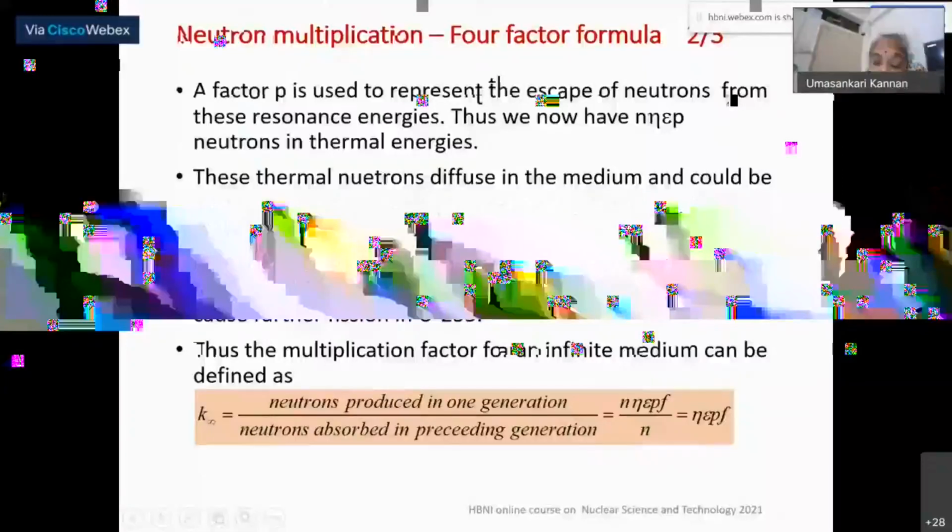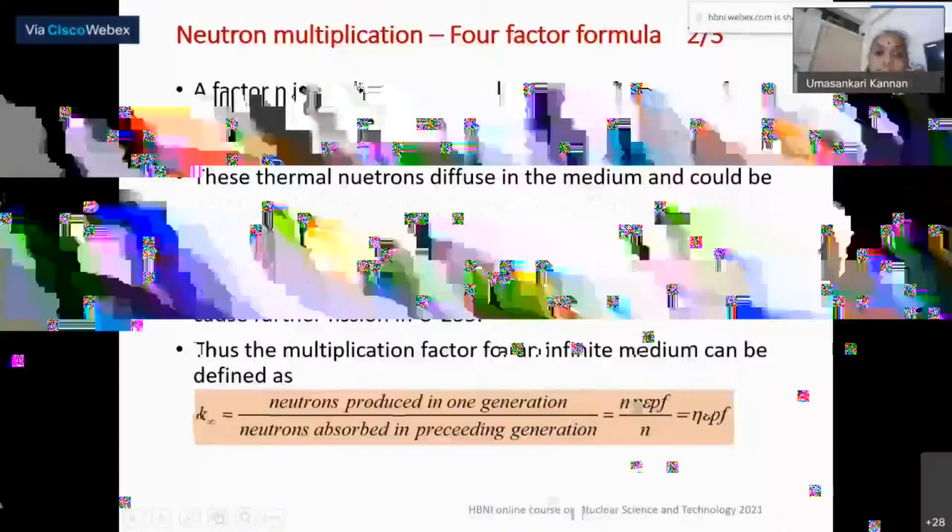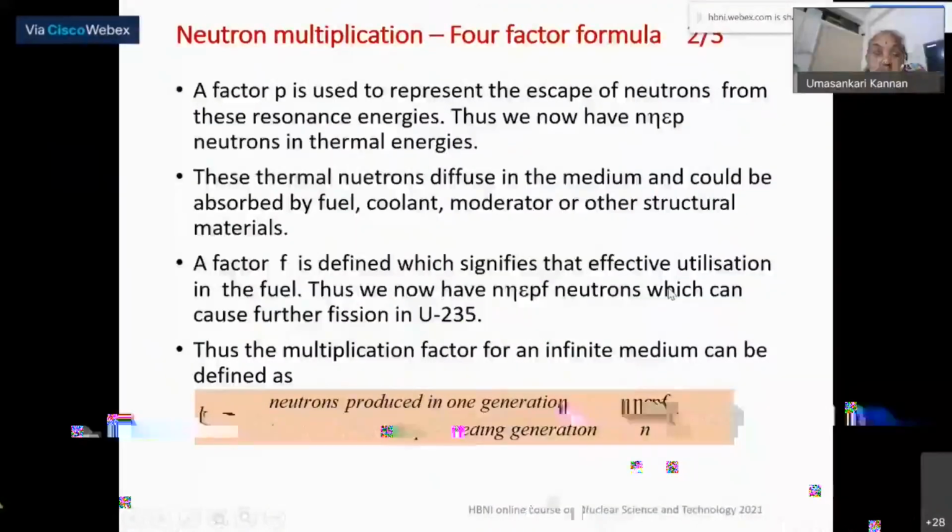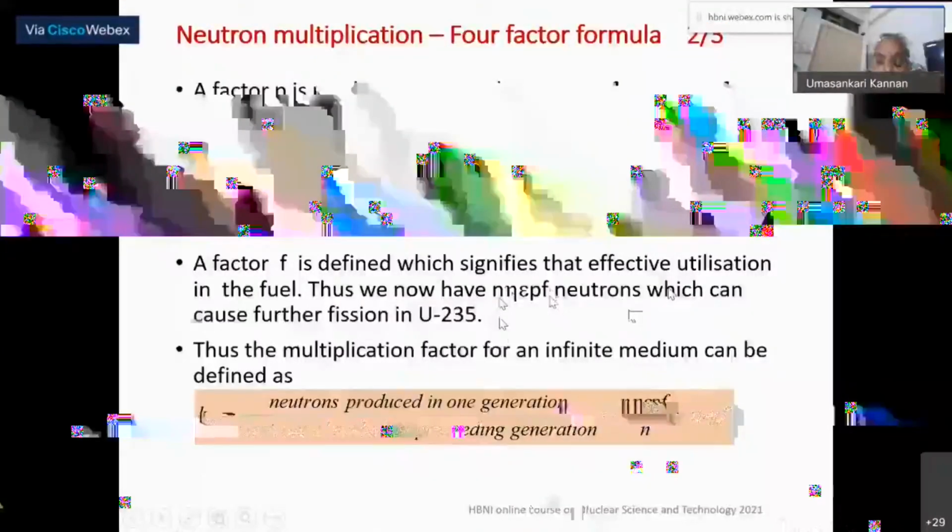This is the fuel utilization factor or thermal utilization factor. These are absorbed by the fuel to cause further fissions. So now we have n eta epsilon P f neutrons which are available for causing fission in a uranium-235 atom.